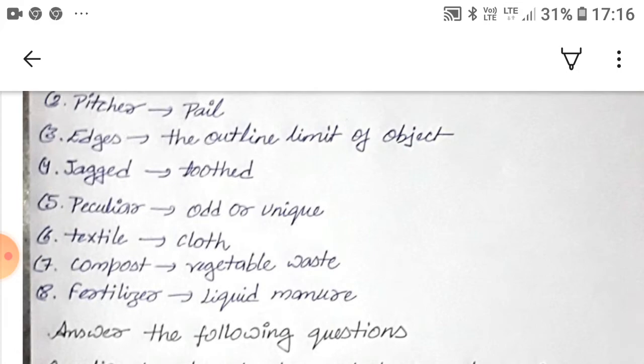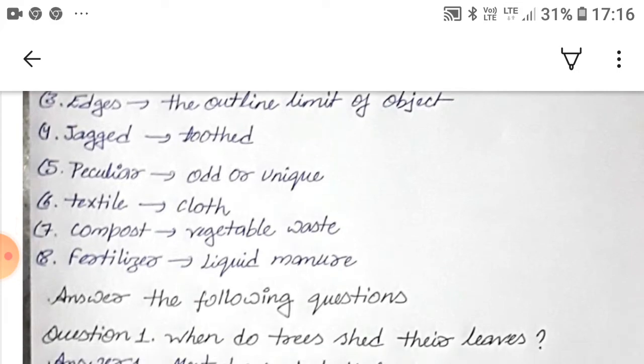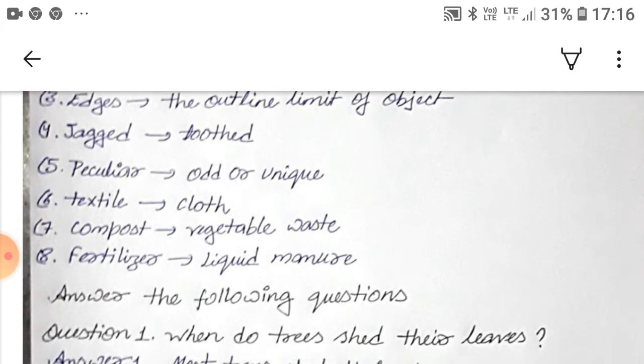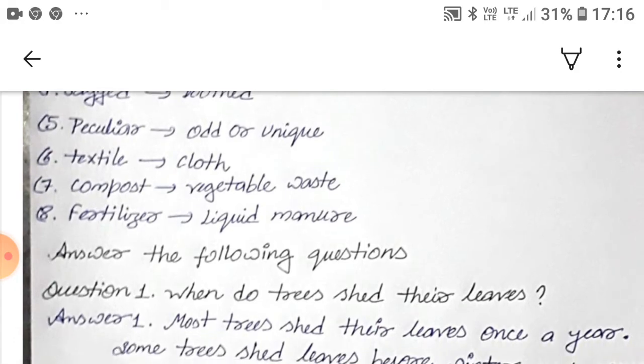Fourth, jagged means toothed. Fifth, peculiar means odd or unique.